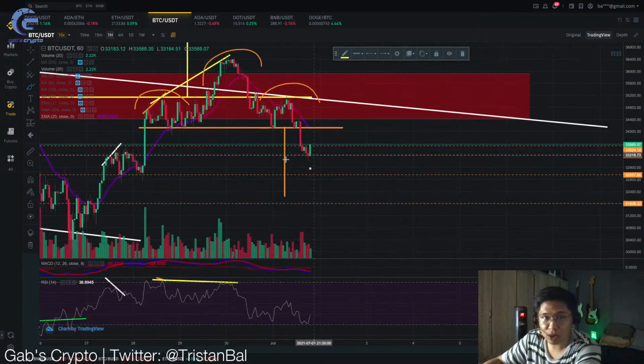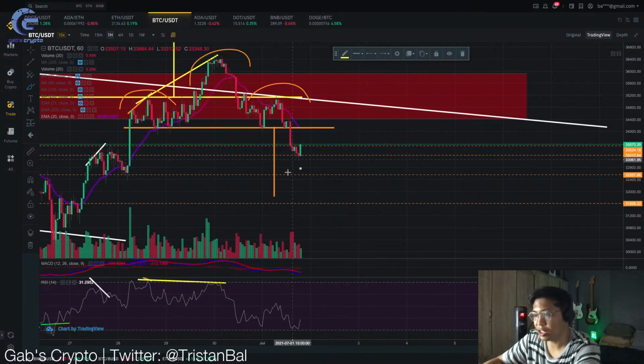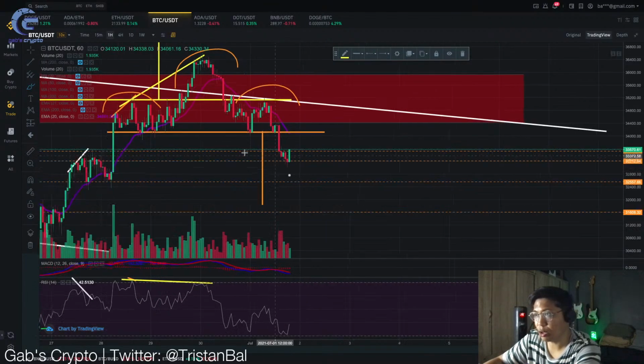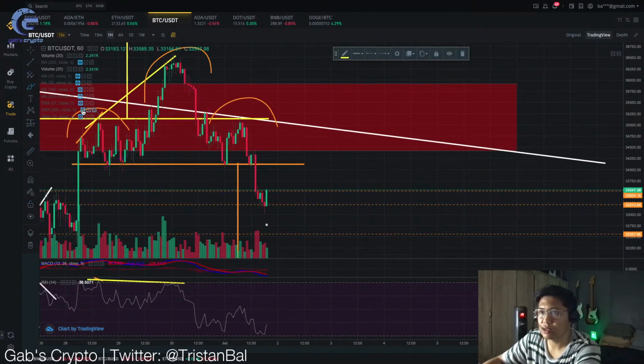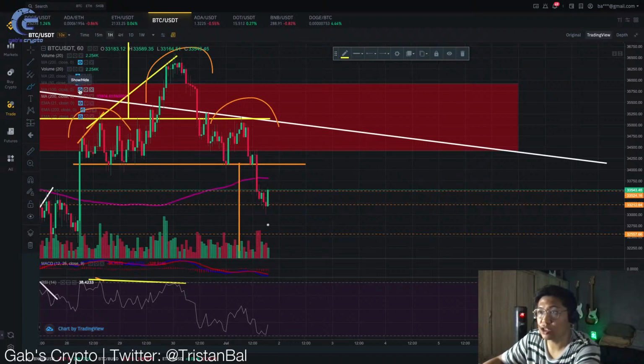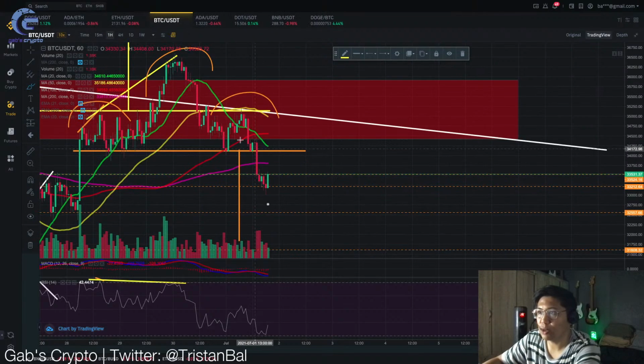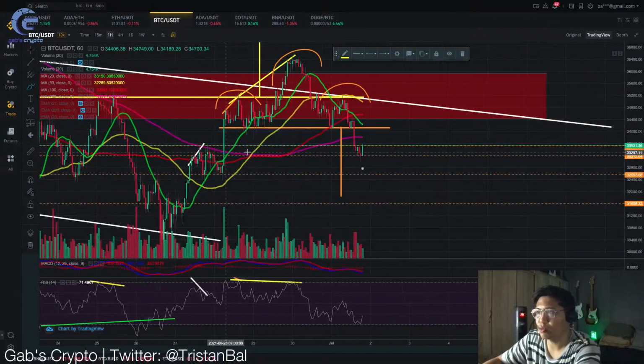So, what's next for this movement? So, the next thing na kailangan natin tingnan dito is yung possible support niya around this next moving averages, 20, 50, and 100 and 200. So, as you can see, we are far below these moving averages.